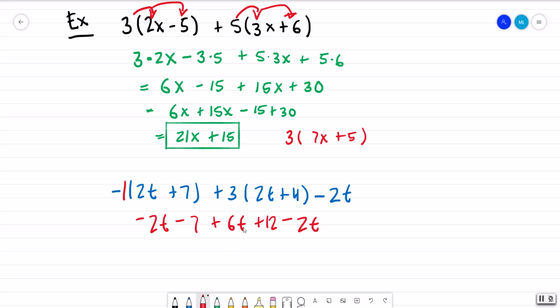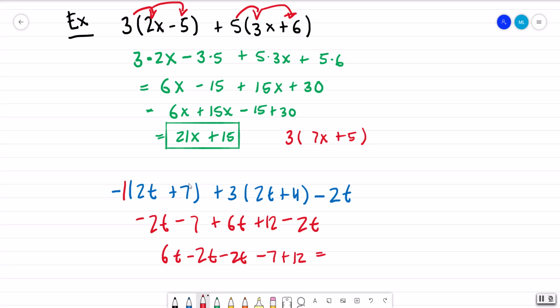But if you group all the terms together, then you have 6t minus 2t minus 2t, and then you have minus 7 plus 12. Now we have to combine like terms.